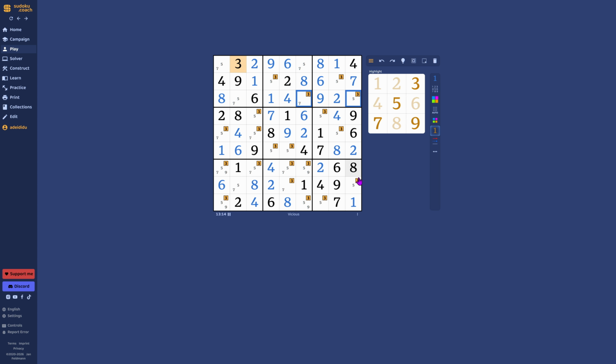This 3 with this 3 and this 3 and this 3, they are forming a skyscraper, okay? On these two rows, where between the two ends of the skyscraper we have a pointing candidate that is common for these two, we can take it out. So this 3 goes out. I won't repeat the mistake. Only this 3 goes out. Okay.